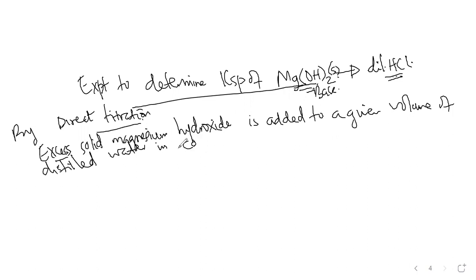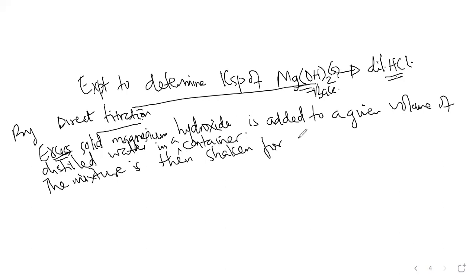It can be a beaker, it can be any container, it can even be a cup. You add an excess of it such that some of it dissolves, some doesn't dissolve. So the mixture is then shaken for some time and left to settle.